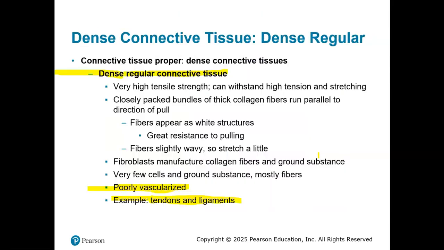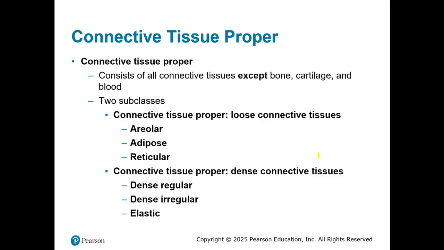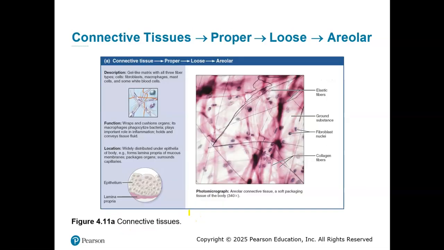I'm going to go back because I think it's really important. This is the hardest to learn, the connective tissue proper. Connective tissue proper is divided into loose and dense. The loose connective tissue proper is areolar, adipose, reticular. And the dense connective tissue proper is regular, irregular, and elastic.